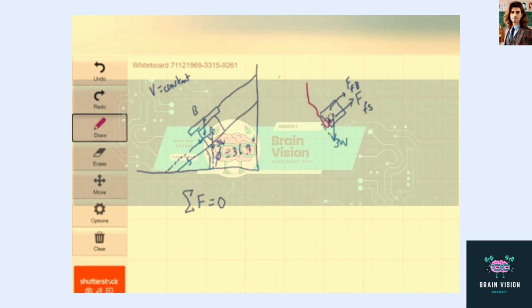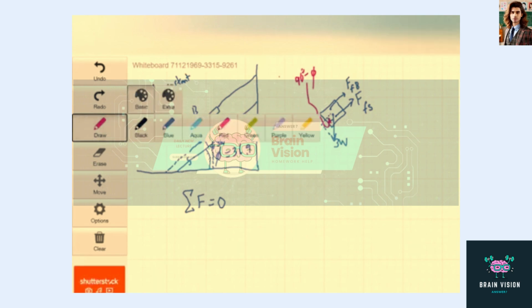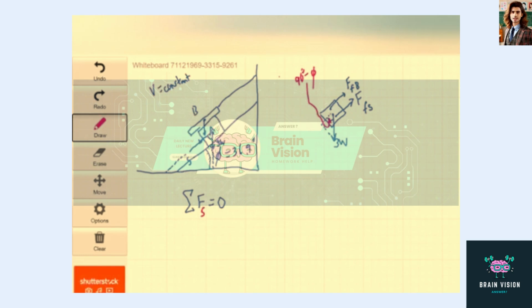That right there is going to be 90 minus phi. This is phi, and that's 90 minus phi. Okay, so I want to draw the sum of the forces in the S direction, in the direction of the slope, which would be this way.